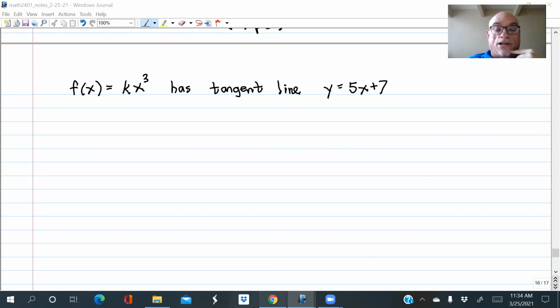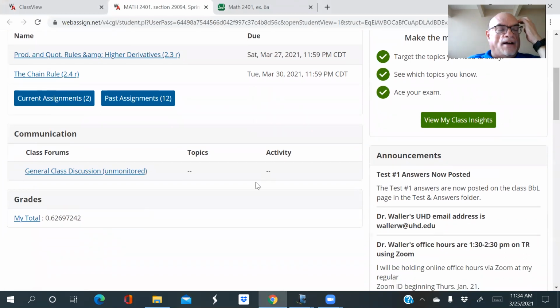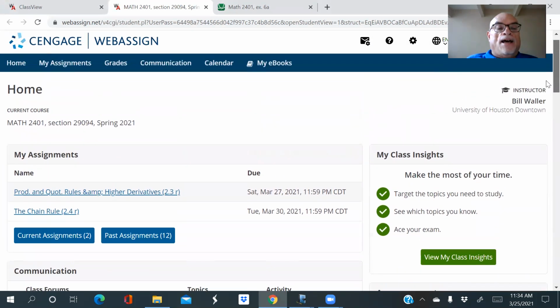You just need to go to past assignments, find that assignment, open it, and then choose automatic extension request. I don't have to approve that. That is approved automatically. And then you can continue working on that assignment and getting points.